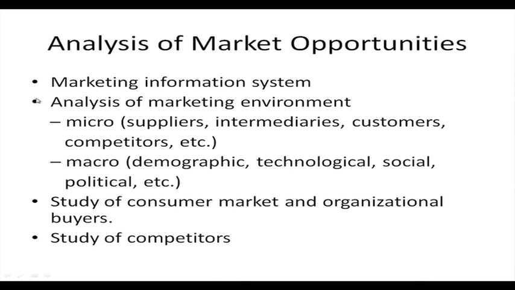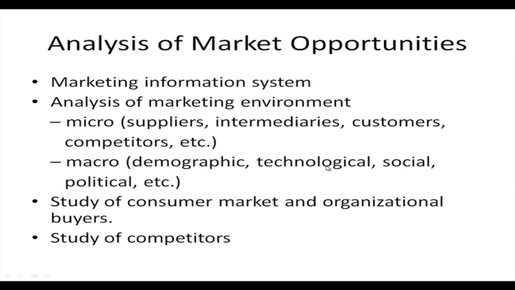The second aspect is that the information must be analyzed in terms of suppliers: whether they are good, whether they can supply in time at a price which is acceptable and with good quality. Who are the intermediaries? Are they reaching the customers well? Who are the customers, the target customers, and who in particular are the competitors? What is the demographic makeup?